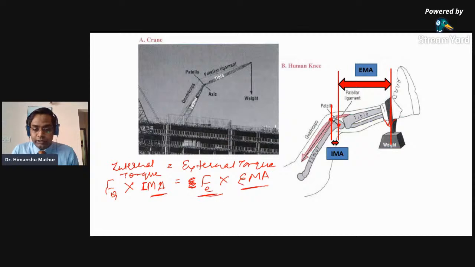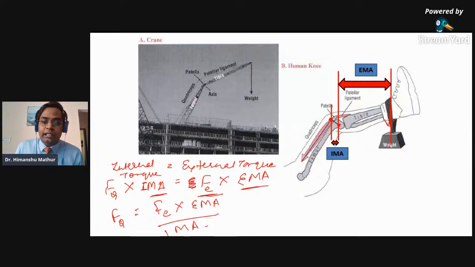So we can easily calculate the force of the quadriceps: the external force multiplied by the external moment arm, divided by the internal moment arm. This is the simple formula by which we can calculate the force applied by the quadriceps at this particular range of motion, when the knee is in static equilibrium.